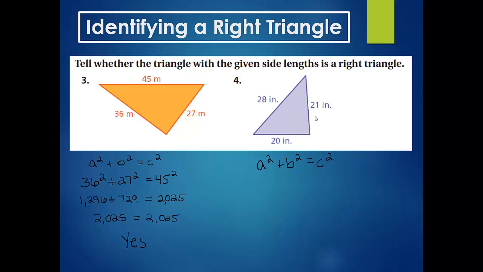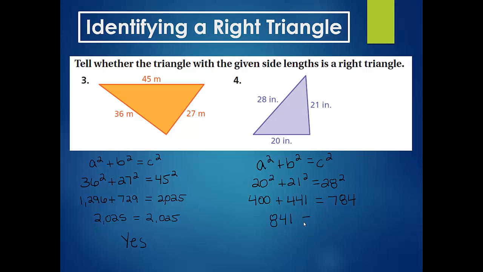So 20 and 21 will be A and B. So we can go ahead and say 20 squared plus 21 squared equals C squared, which is 28 squared. 20 squared is 400 plus 21 squared, which is 441. And that would be equal to 28 squared, which is 784.